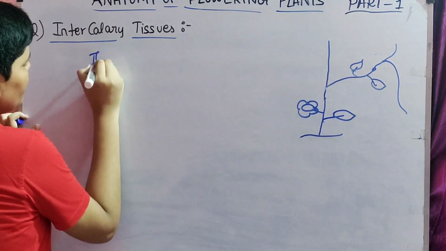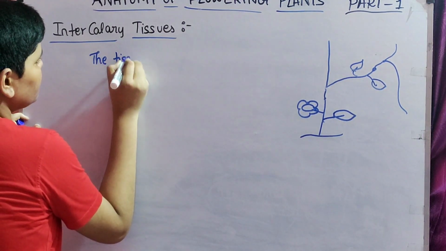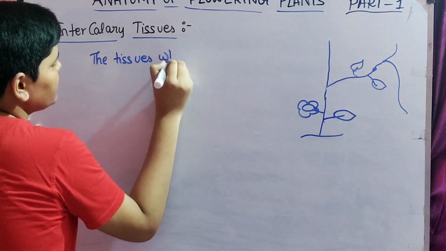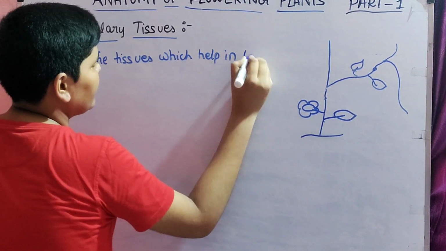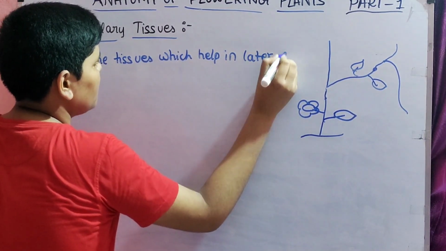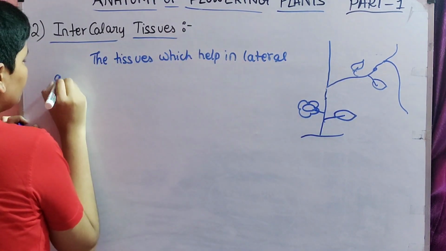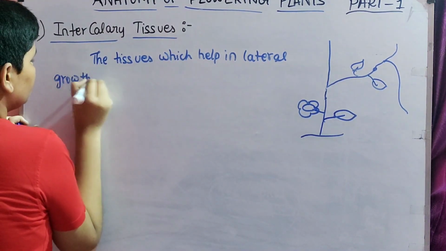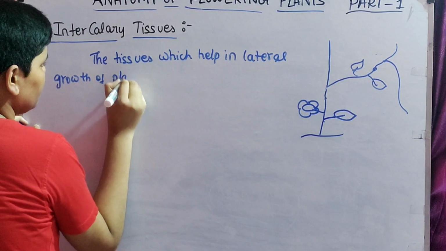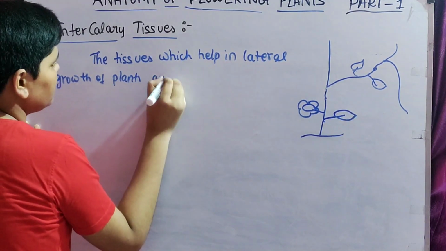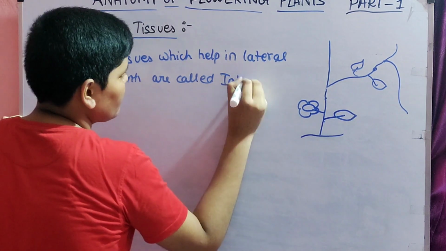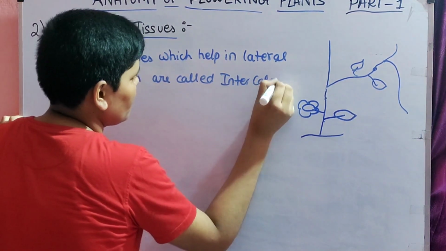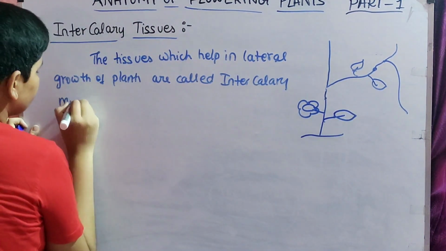So the tissues which help in lateral, meaning side, growth of plants are called intercalary meristems.